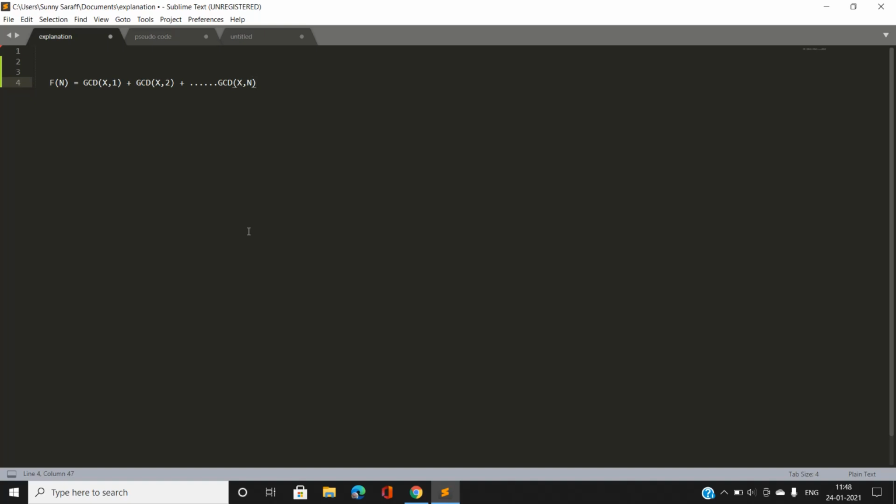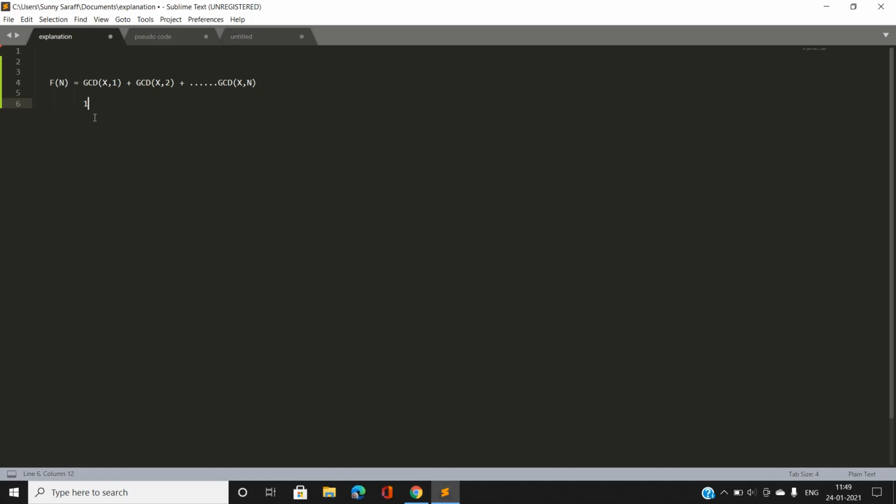One thing we can notice is that GCD(x, i) is at most either x or i. So we would try to make each of GCD(x, 1), GCD(x, 2) up to GCD(x, n) as large as possible.